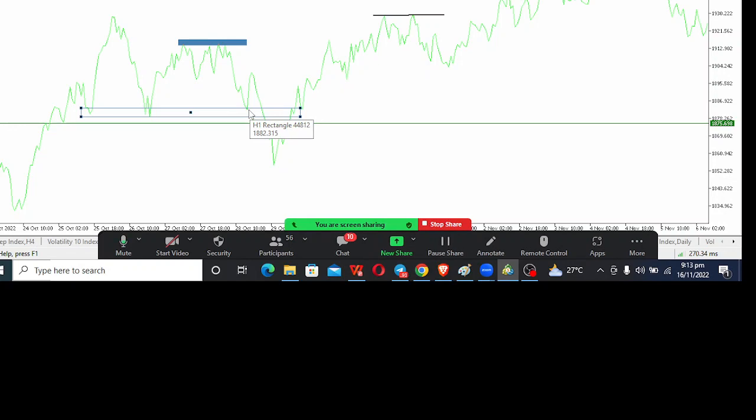And if you are trading with zones, maybe a resistance zone, a support zone, demand zone, supply zone, there is a way you can trade with the zone. You can mark the beginning of the zone, 50%, 80%, and then the end of the zone.